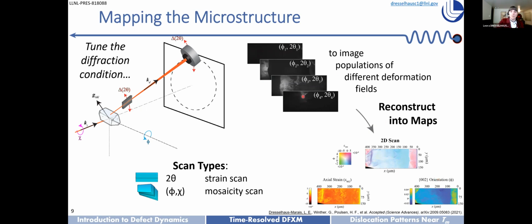But you'll notice, of course, that for this map to really be representative of the system, all of these hundreds or thousands of images all need to collect information about exactly the same crystal, unchanging completely in time. This imposes a very strict static necessity that this be a completely static measurement.